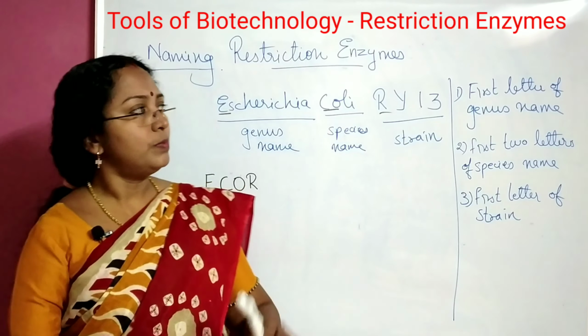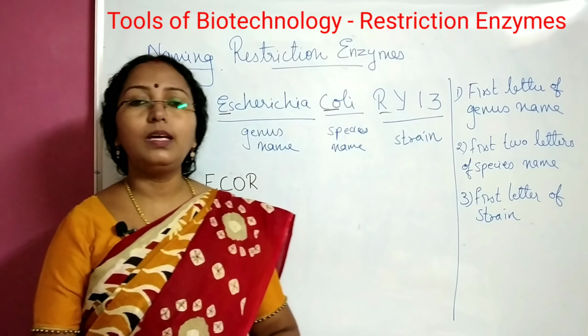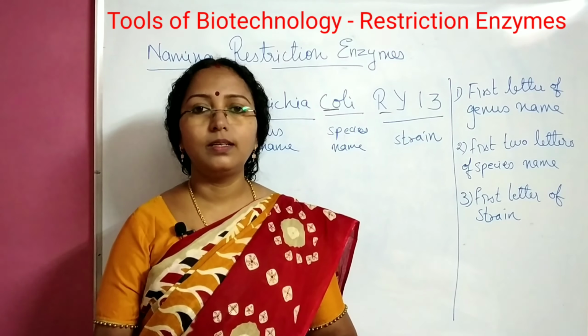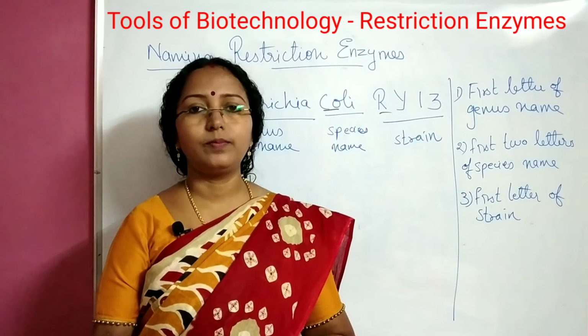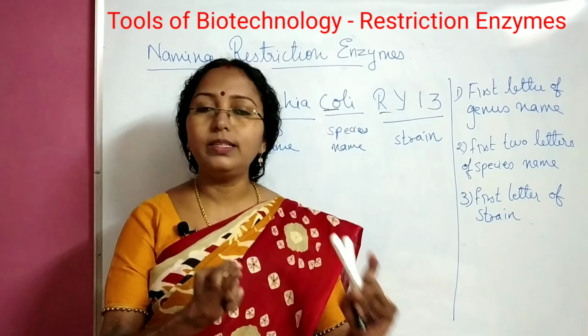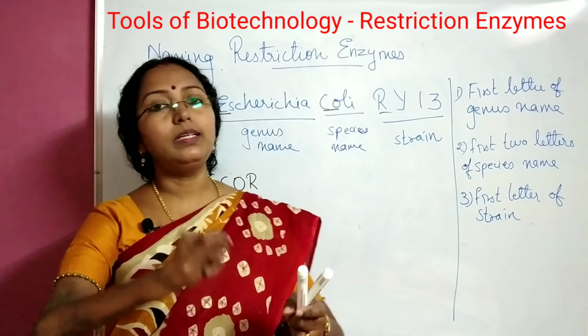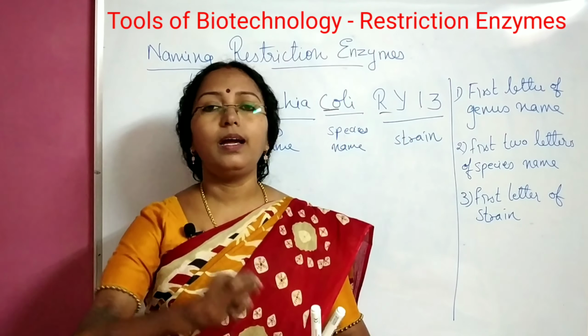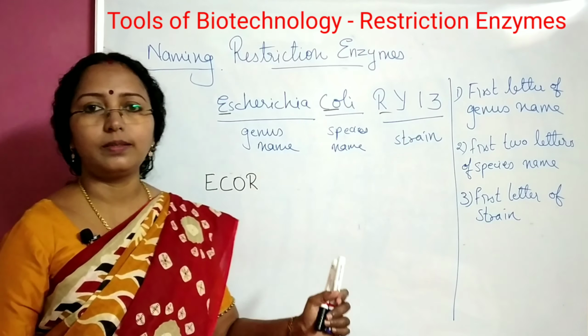Now, from the same bacterium, E. coli RY13, I have isolated another restriction enzyme, which is making cuts at a different site. So I have isolated one restriction enzyme, I named it as EcoR. Now I am isolating from the same bacterium another restriction enzyme. Now I cannot put the same thing here, EcoR.